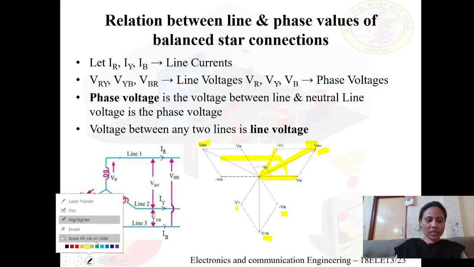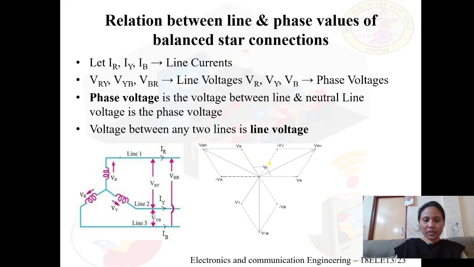It is 60 degrees. The phase angle between VR and VY is 60 degrees, because the angle between VR and VB is 120 degrees and the angle between VR and VY is 60 degrees.